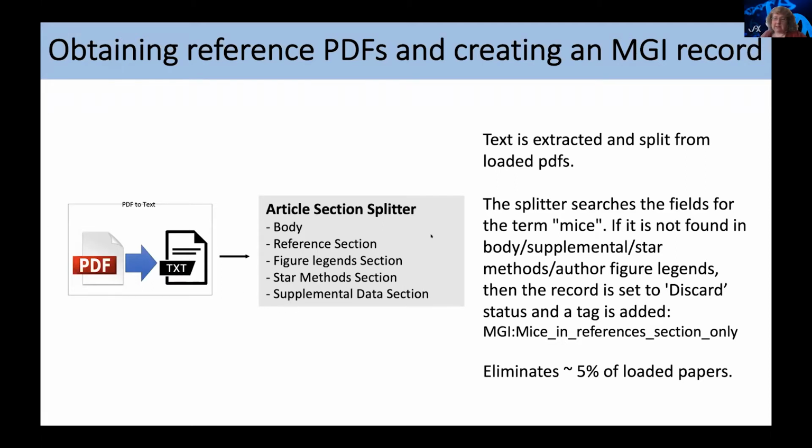The text is extracted and split, and then the splitter further searches the fields for the term mice. If it's not found in the body, the supplemental STAR methods or author figure legends, then the record is set to discard, and the curators never look at it, and a tag is added, mice and references section only. This eliminates about 5% of our loaded papers.